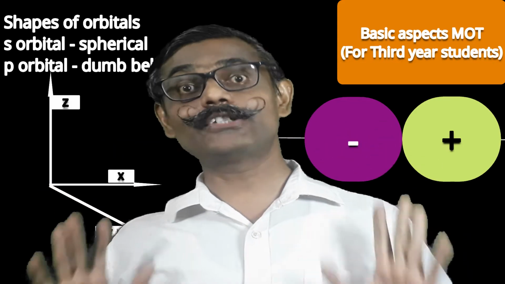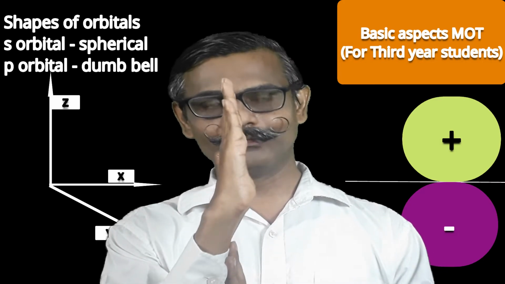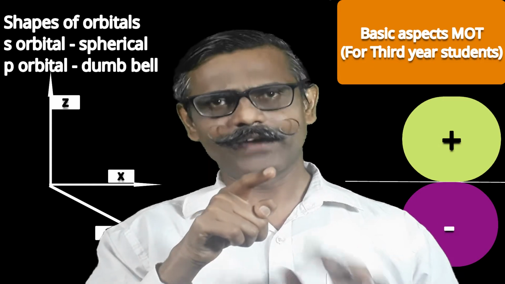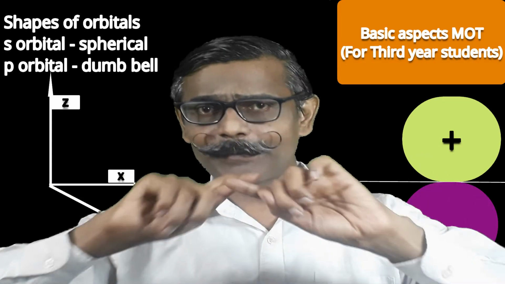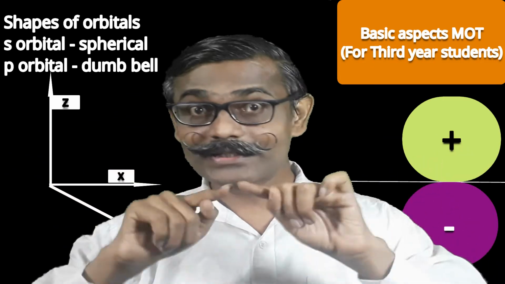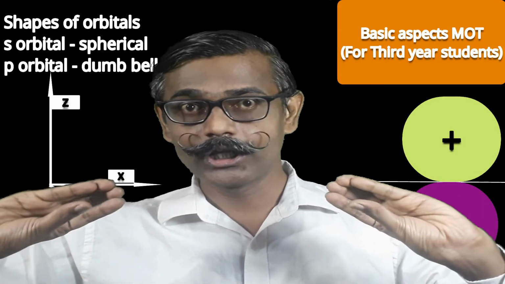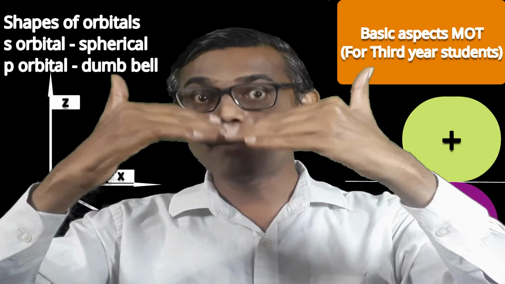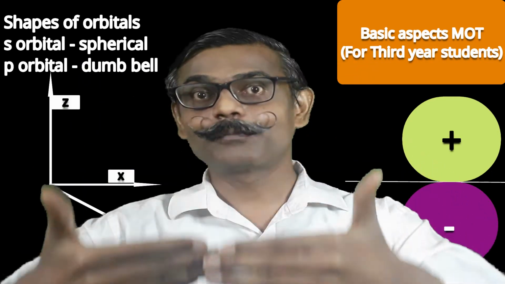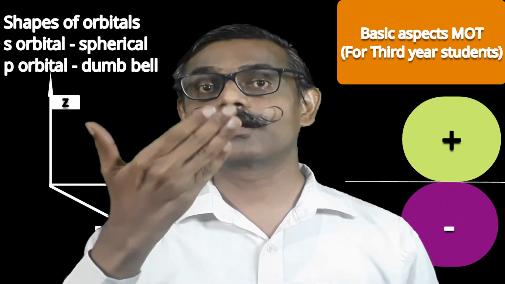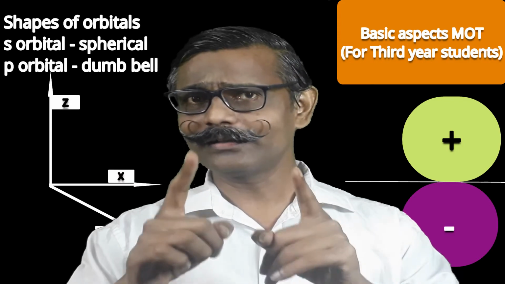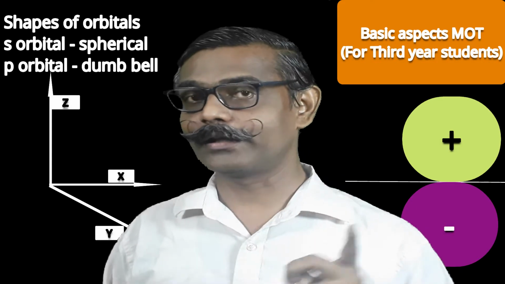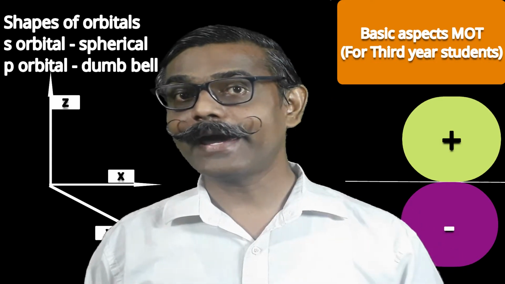If I take the pz orbital, up and down, with a positive lobe and a negative lobe, and if I rotate along the same x-axis, what will happen? With a 180 degree rotation, positive will come to negative, and negative will come to positive. So here the symmetry is different compared to the s orbital and the px orbital.